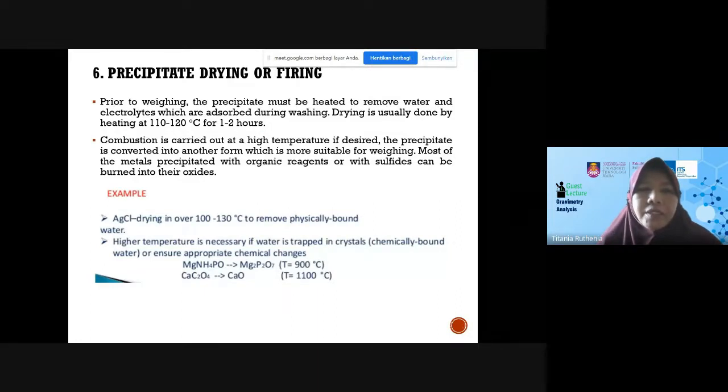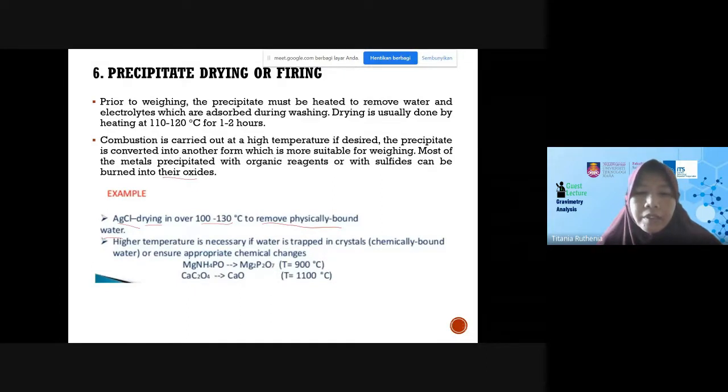However, for combustion, we can carry out at high temperature so that we can convert the precipitate into another form which is more suitable for weighing. For example, most metals precipitated with organic reagents or with sulfides can be burned into their oxide. So AgCl only needs drying at 100 to 130 degrees C just to remove the physically bonded water.